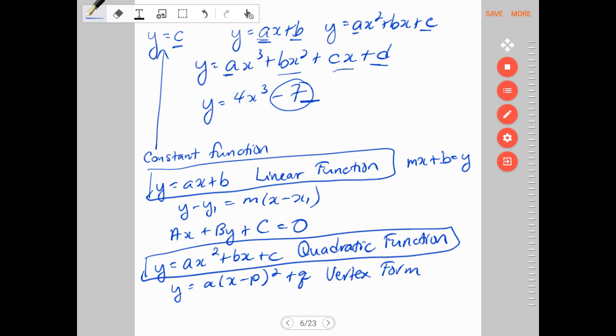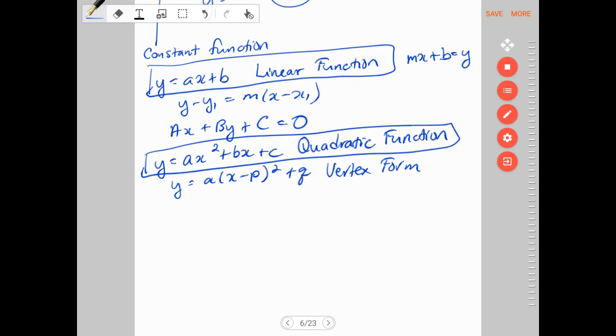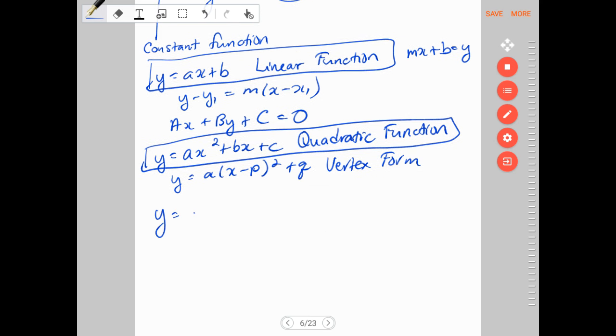All right, and last but not least, we have y equals ax cubed plus bx squared plus cx plus d. That is for a cubic function, because if you'll notice, the highest degree here is to the power of 3, which we say is x cubed.